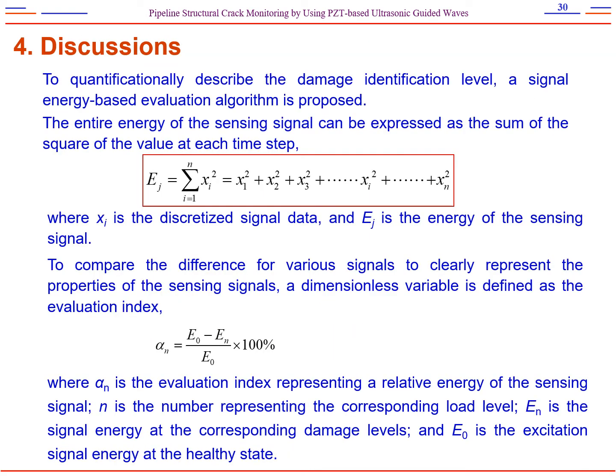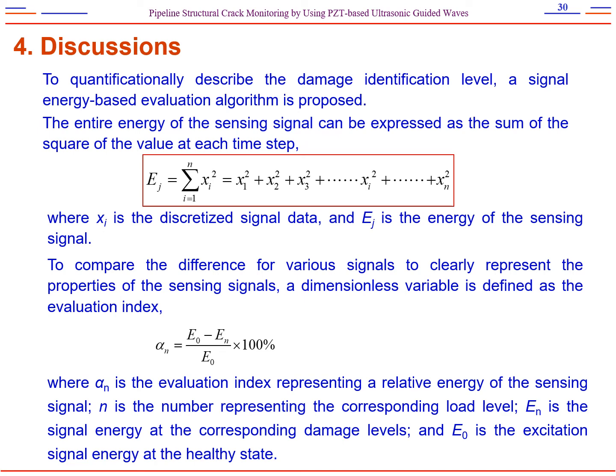This is part 2, discussions. To quantitatively describe the damage identification level, a signal energy-based evaluation algorithm is proposed. The entire energy of the sensing signal can be expressed as the sum of squares of the value at each time step, shown in this equation, where xi is the discretized signal data and Ej is the energy of the sensing signal.